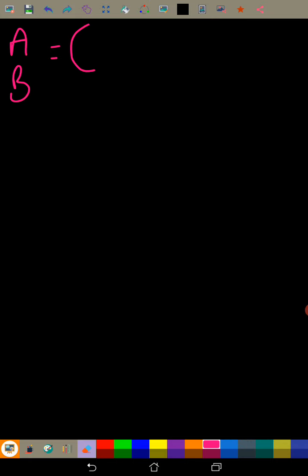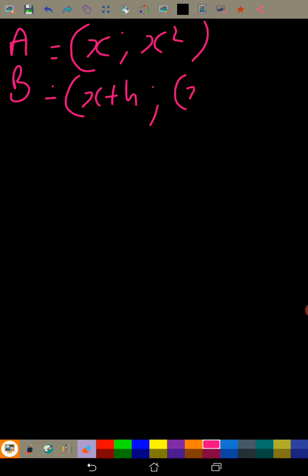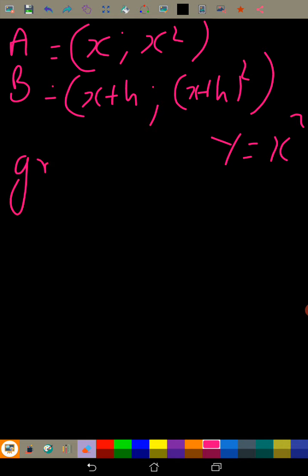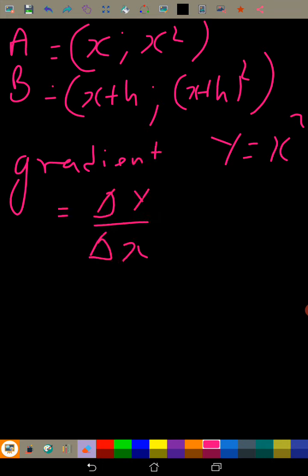We have x and x square, x plus h. We have x plus h to the square. Makes sense, right? Because we are on the curve y is equal to x squared. So what we want is the gradient, and the gradient is just delta y divided by delta x. So how to get delta?